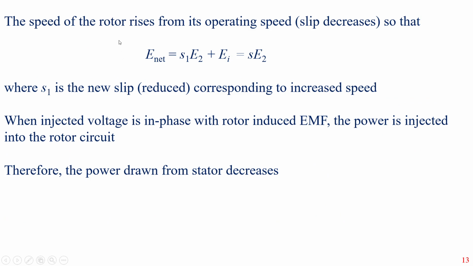So the speed of the rotor rises from its operating speed, so that S1E2 plus EI equals SE2, and S1 is the new slip corresponding to increased speed. When the injected voltage is in phase with the rotor induced EMF, the power is injected into the rotor circuit. Therefore, the power drawn from the stator decreases.